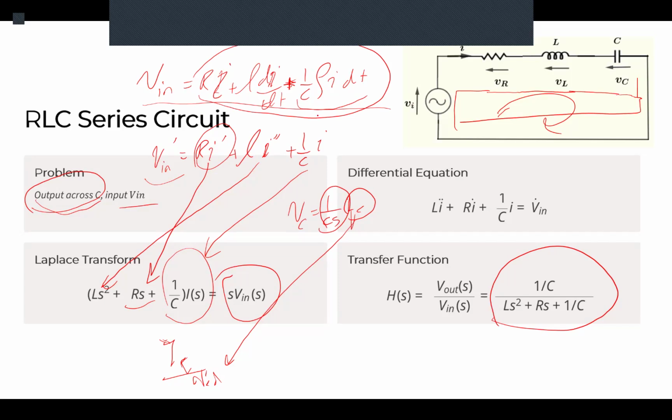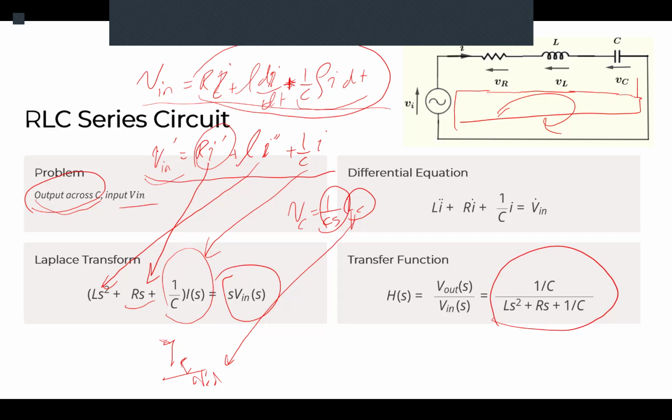Now, we get rid of this integral by taking a differential of the whole equation. So here we have V prime, which is dV over dt, equal to R times I prime, plus L I double prime, second differential, plus 1 over C, the differential of the integral, which is simply I. We run a Laplace transform on this differential equation.